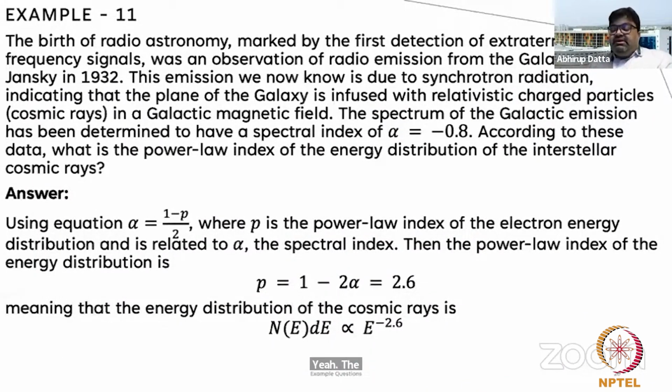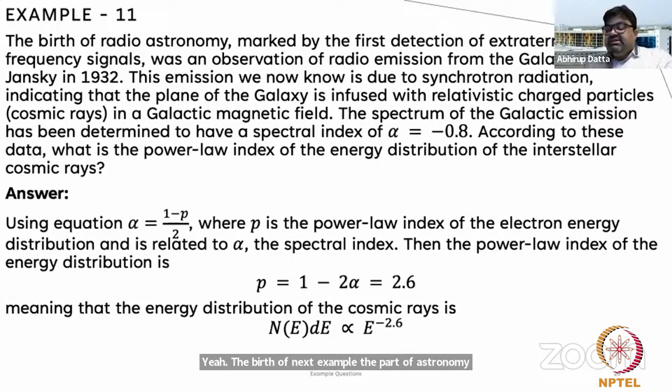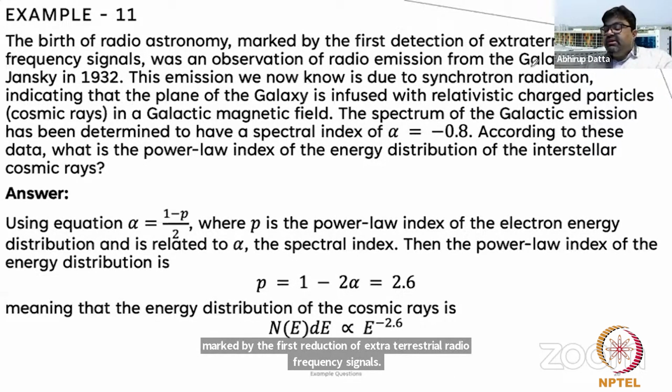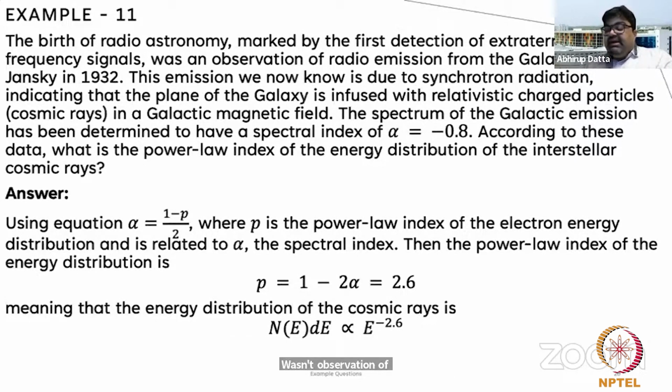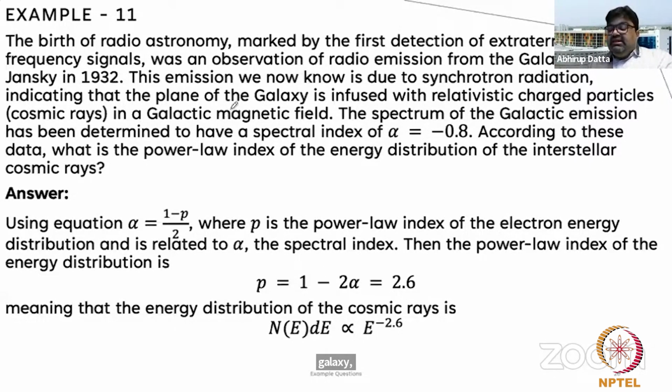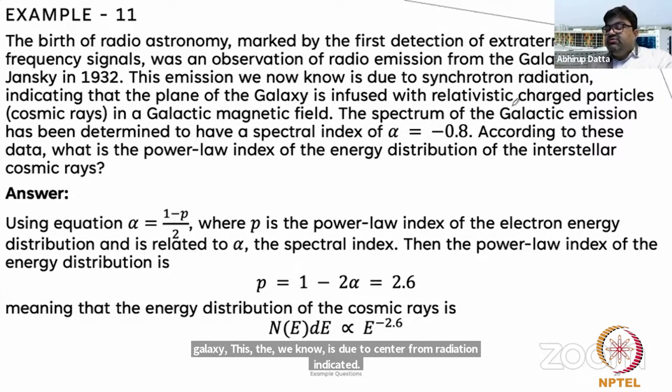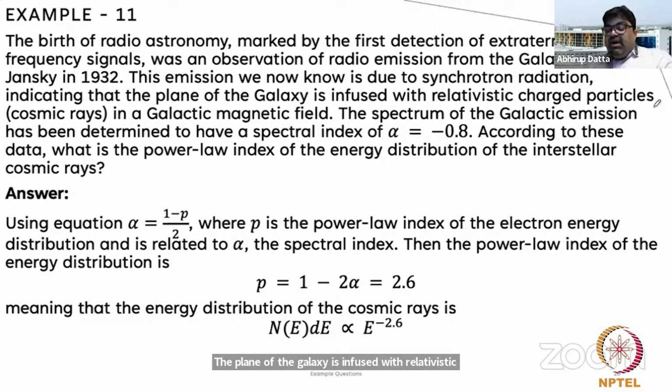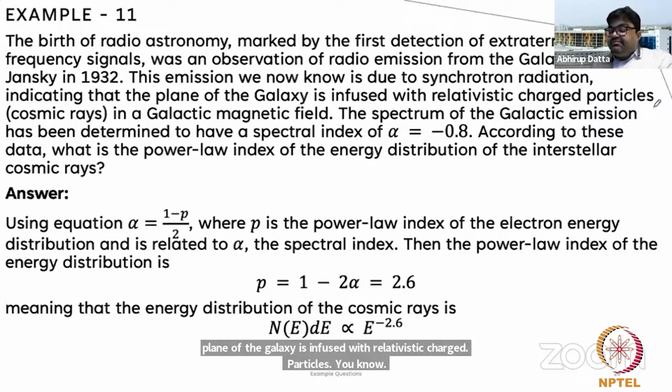The next example: the birth of radio astronomy, marked by the first detection of extraterrestrial radio frequency signals, was an observation of radio emission from our galaxy by Carl Jansky, 1932. This emission, we know, is due to synchrotron radiation, indicating the plane of the galaxy is infused with relativistic charged particles in a galactic magnetic field.